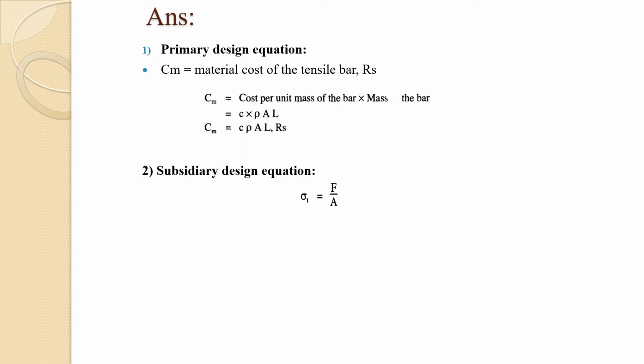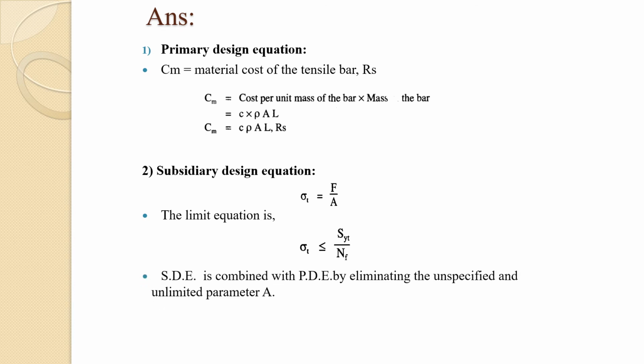So sigma T is equal to F upon A is the subsidiary design equation, and the limit equation is factor of safety is given. So sigma T should be less than or equal to SYT divided by factor of safety.